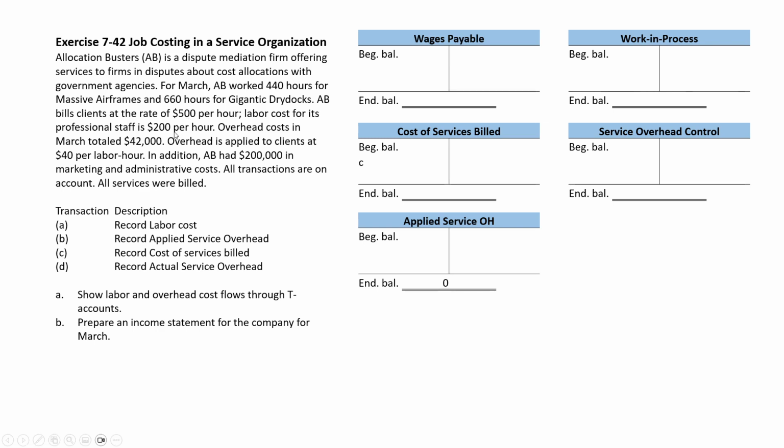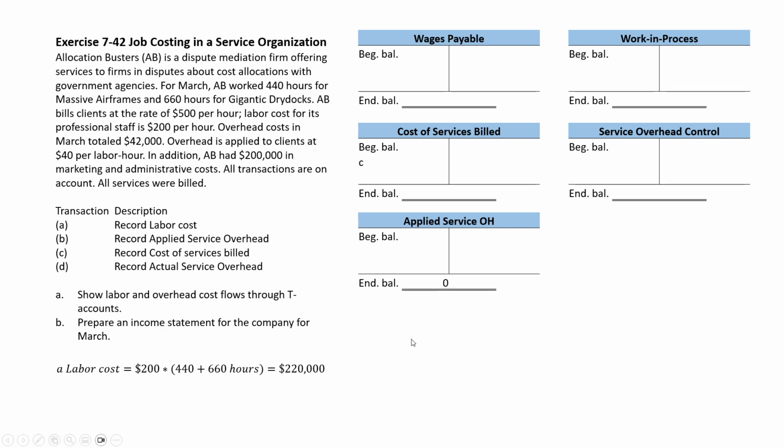They also tell us above that the labor cost rate is $200 per hour. So I can simply take that labor rate of $200 per hour times the combination of 440 plus 660 hours, which is 1,100 hours, and I get total direct labor cost of 220,000.